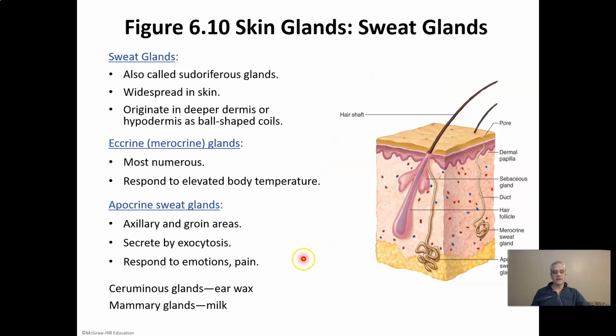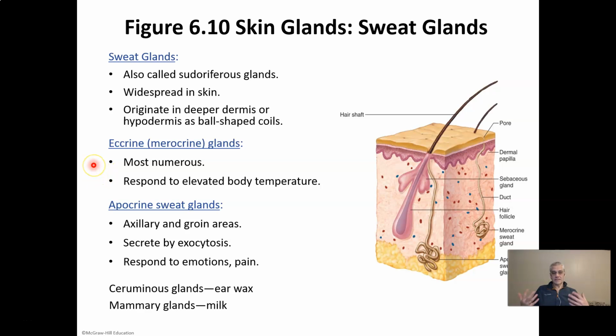Here we go. Okay, more skin glands, sweat glands. You really have two big kinds of sweat glands. The one that you're more used to is this one, what are called Apocrine or Merocrine sweat glands. These glands are found almost all over the body, with a couple of exceptions.